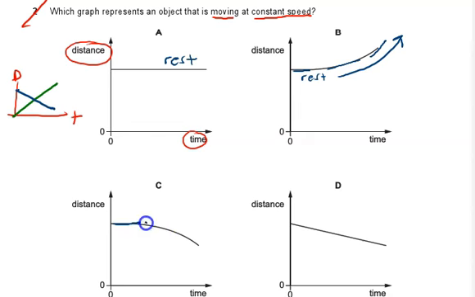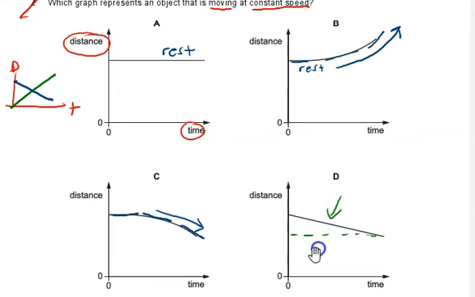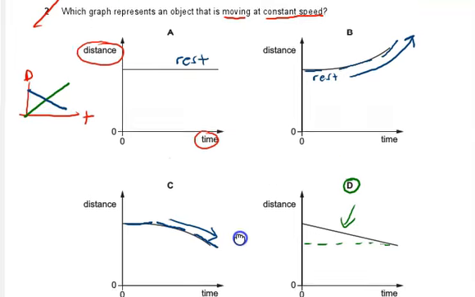At one point, the gradient is getting steeper, so the speed is increasing in a reverse direction. So this, we can say, is a constant. Okay, so here we have a constant gradient, and we can say it is a constant speed. So this is your answer D for number 2.